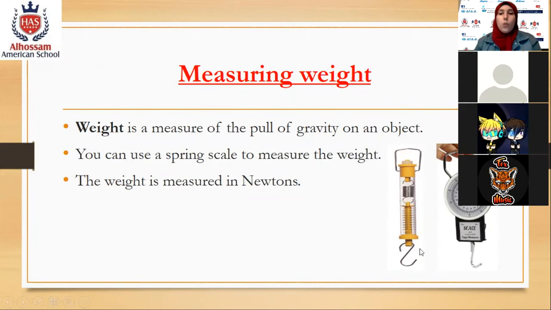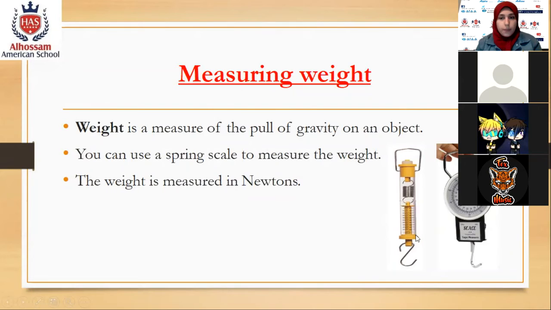We put the object here, and then as the gravity pulls the object down, what will happen? This will move. You see, there are numbers here. This will move down to the number, or the amount of gravity pulling this part, the spring in the spring scale. So this is called a spring scale, and this is how it works.